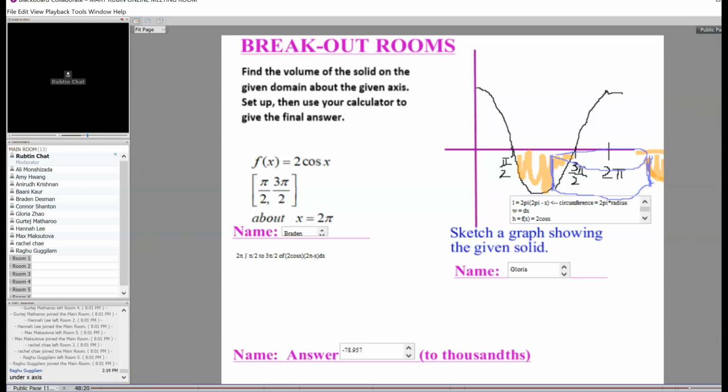And while you're doing that, I'm going to write this in integral form. The format is right. But think about that. Why is that giving me a negative value?